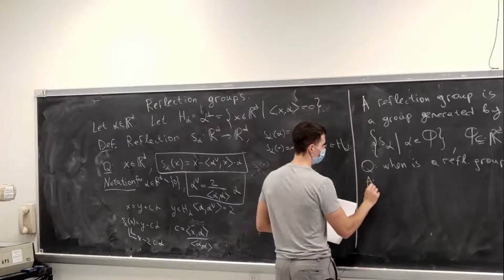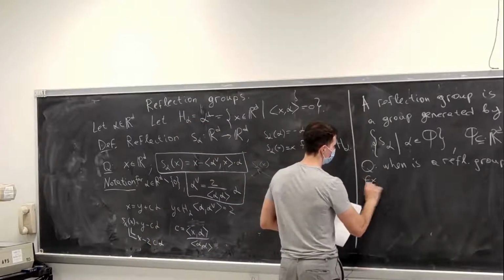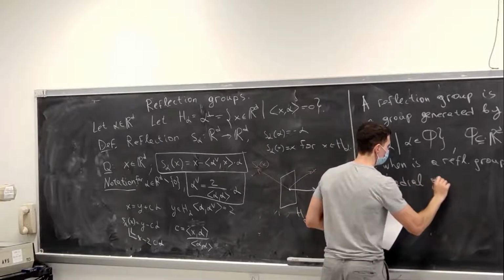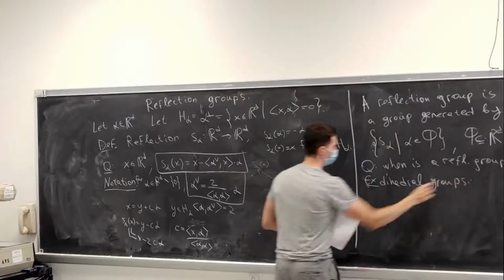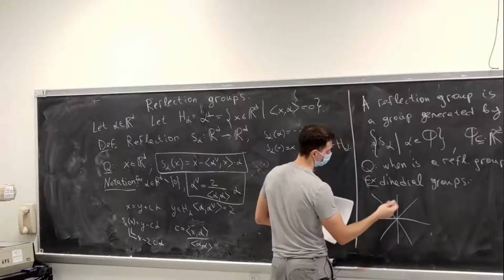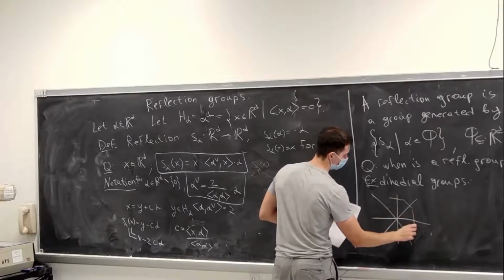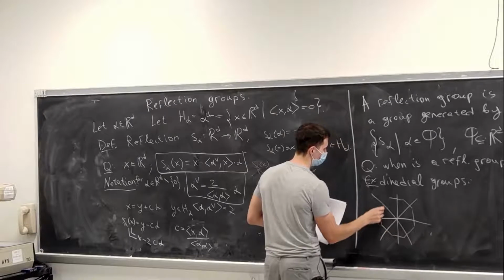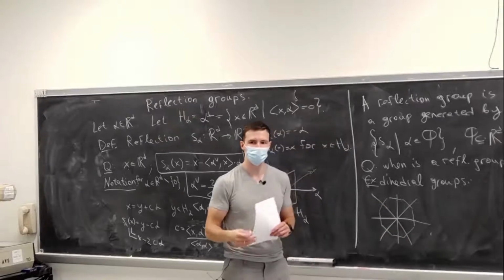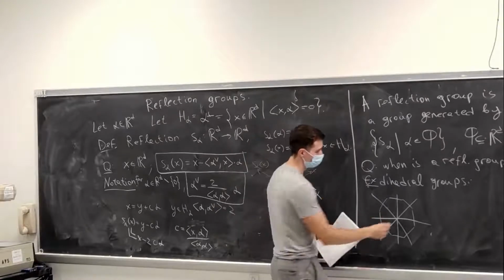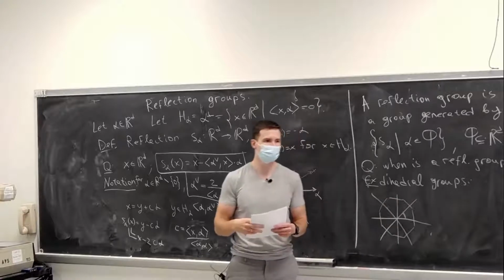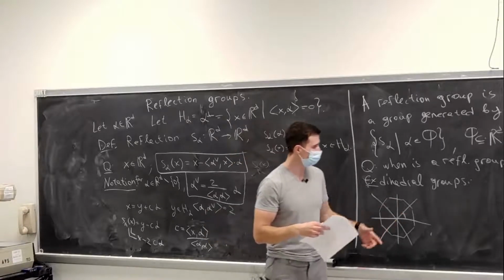An example is dihedral groups, which basically you take the plane and then you draw a regular polygon, and you take the corresponding hyperplanes, which in this case are just lines. Basically, if this angle is a rational multiple of pi, then you're going to get a finite reflection group. Otherwise, it's not.